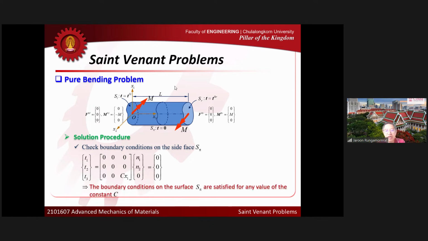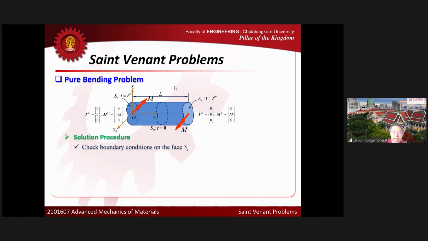The boundary condition on the surface S pi is satisfied for any value of C. Or I can say that by satisfying the boundary conditions on the surface S pi, I cannot get the value of C. Okay, is that clear to you?